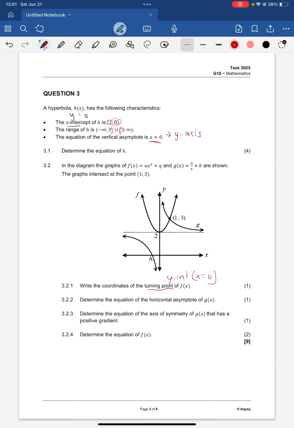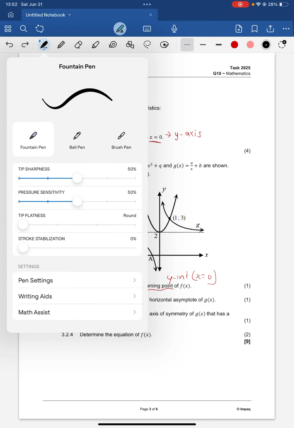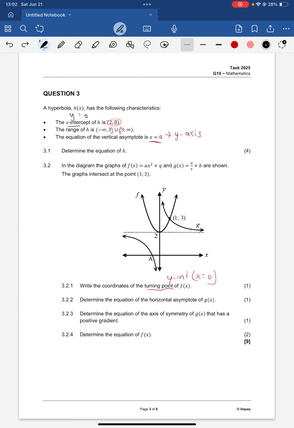Remember that, so the mother function for the hyperbola, we had our axes over there. Wait, let me actually make those lines a bit thicker. Anyway, the mother function looks like this.